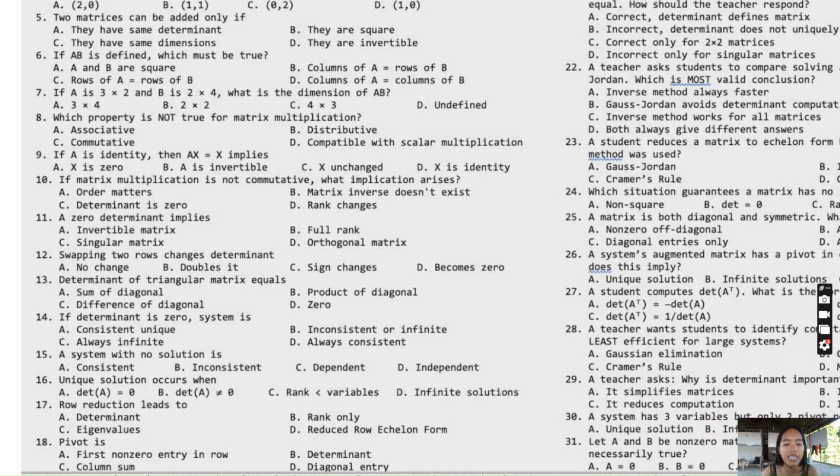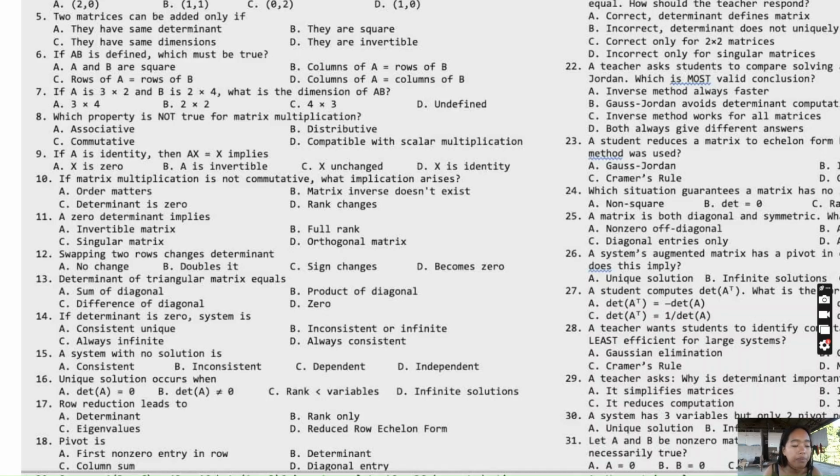But in matrices, that is not always true. In fact, in most cases, AB is not equal to BA. That means matrix multiplication is not commutative. However, matrix multiplication is associative, distributive, and compatible with scalar multiplication. So the property that is not generally true is commutative. That is why the correct answer is letter C.